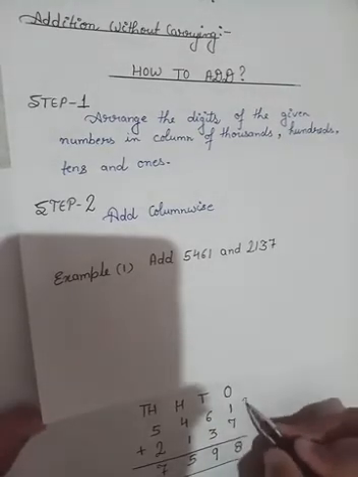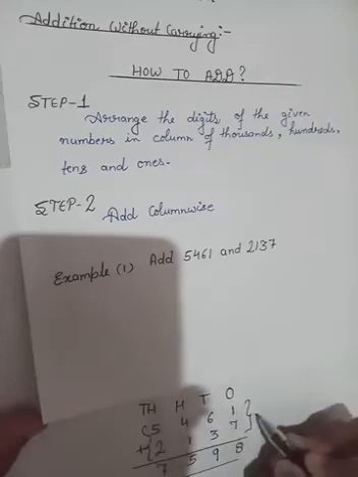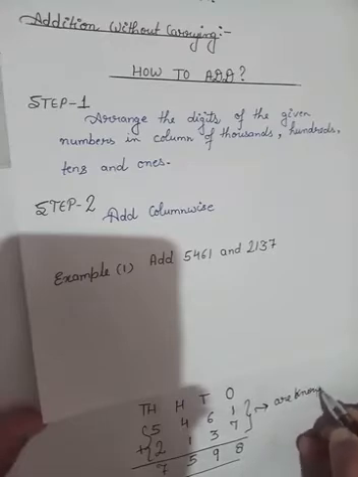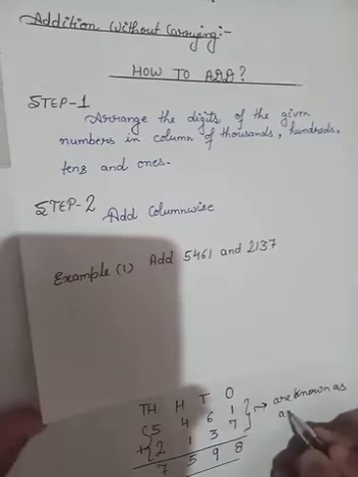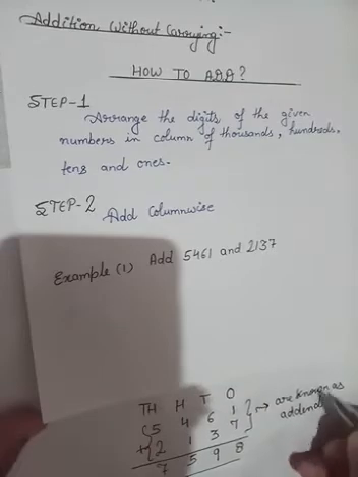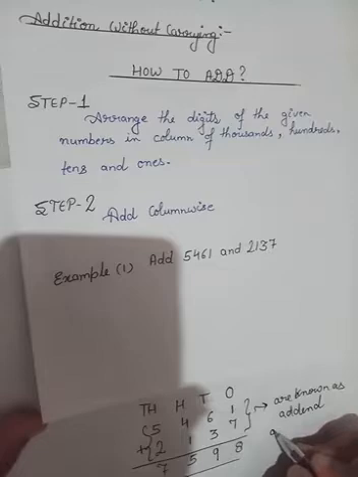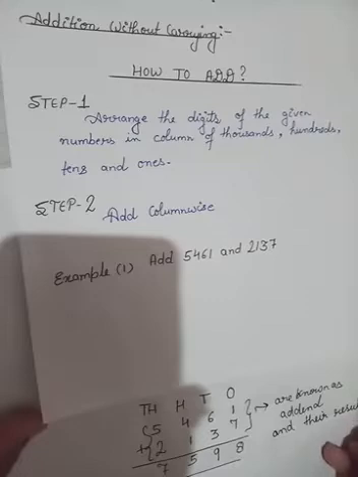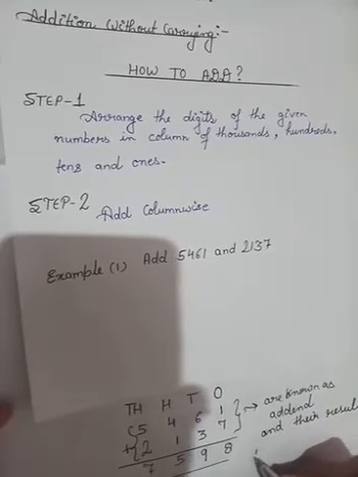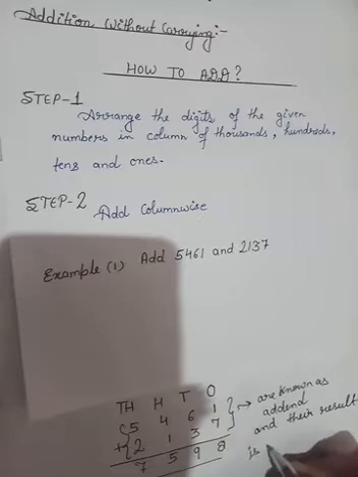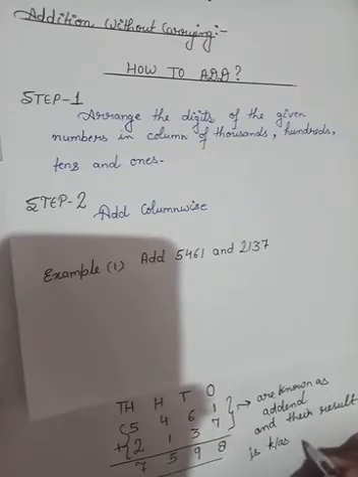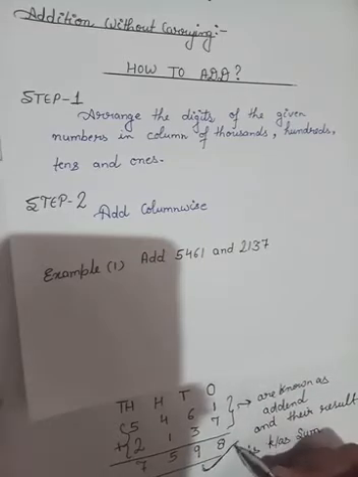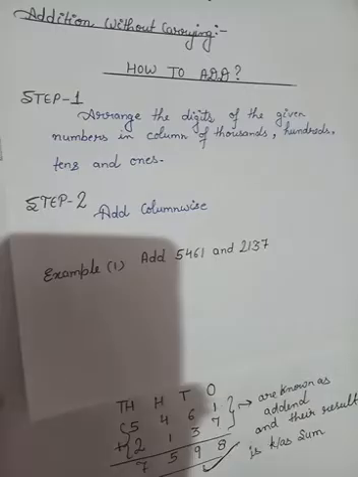Here, these both numbers are known as addend, as I discussed above, and their result is known as sum. These are addend and this is sum. I hope it will be clear to you.